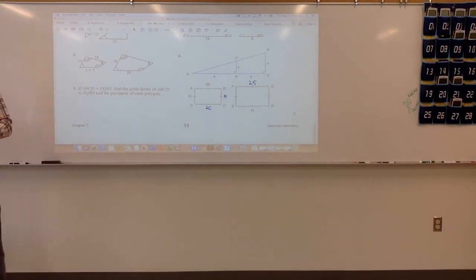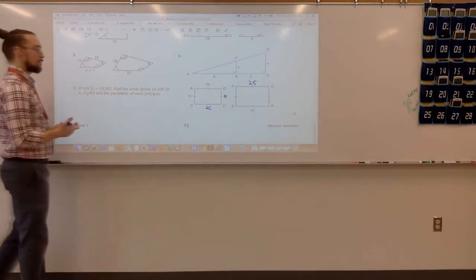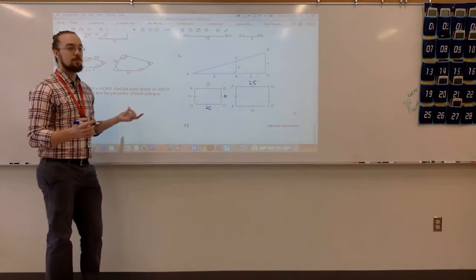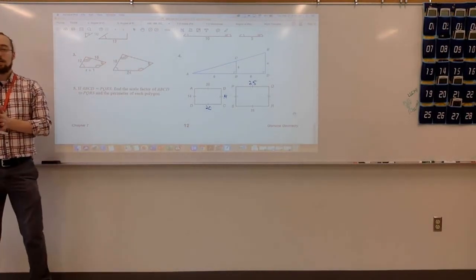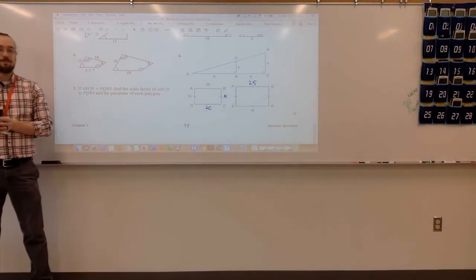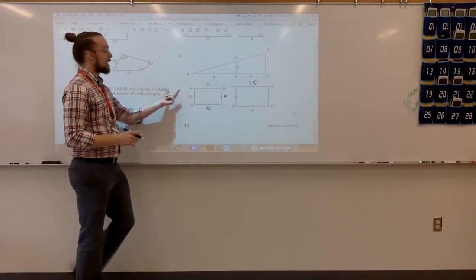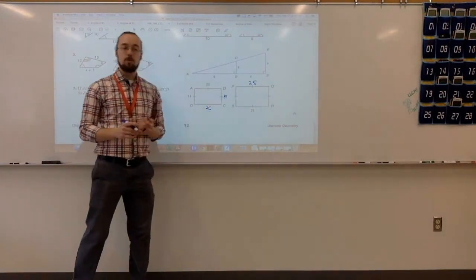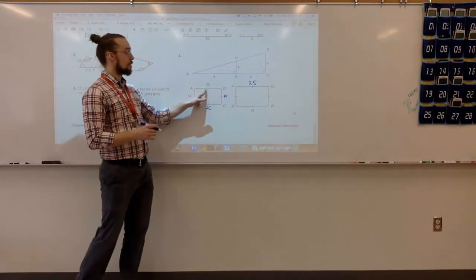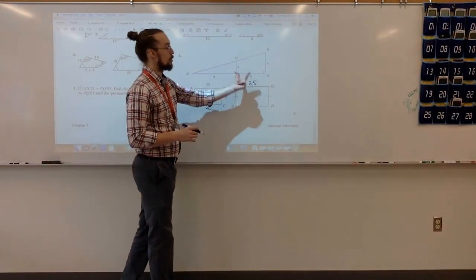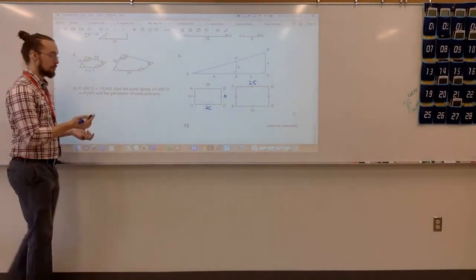Okay? So if I want to write my scale factor, and it specifies I want to write it as ABCD to PQRS, what that means is I want to take some side from this figure and put it over the corresponding side to this figure.